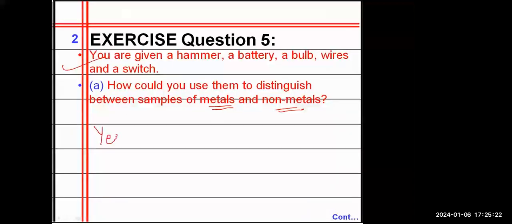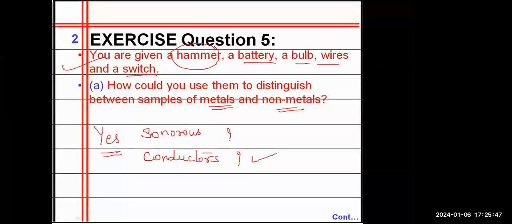So the answer can be yes, it will be easy because the hammer can help you decide whether the substance is sonorous or not. Battery, bulb, wire, and switch can help you decide whether they are conductors of electricity or not.